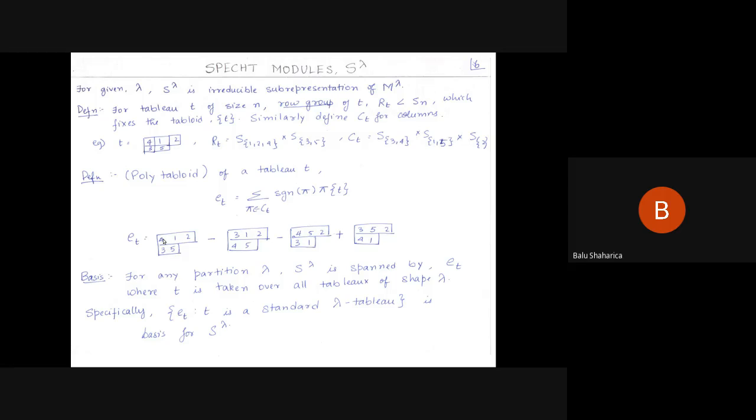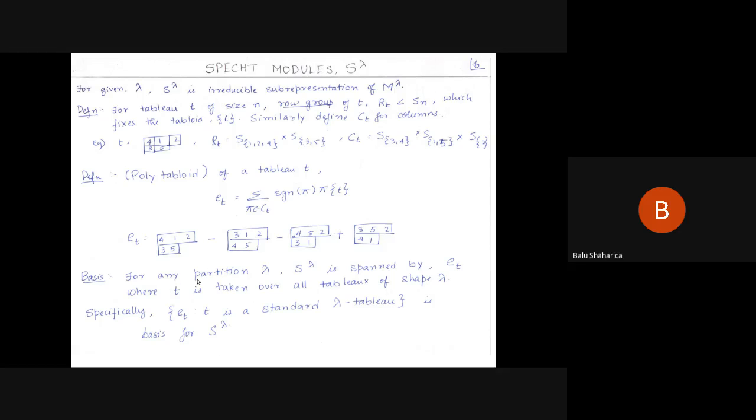You can see I've shifted 3 and 4 here, and that's an odd permutation. And here 1 and 5, so that's an odd permutation. Here 3, 4 and 1, 5 are shifted, so that's an even permutation.